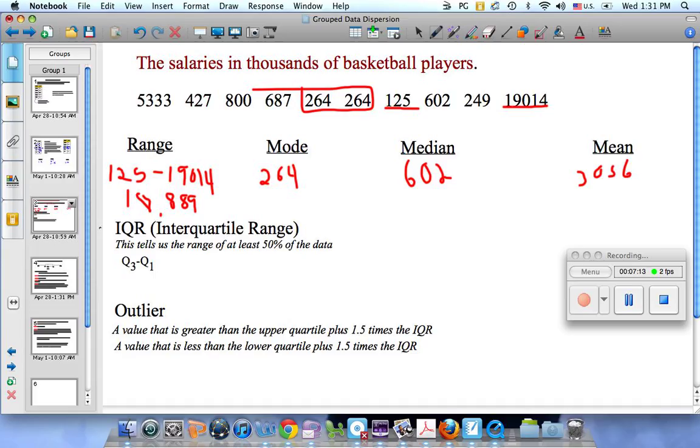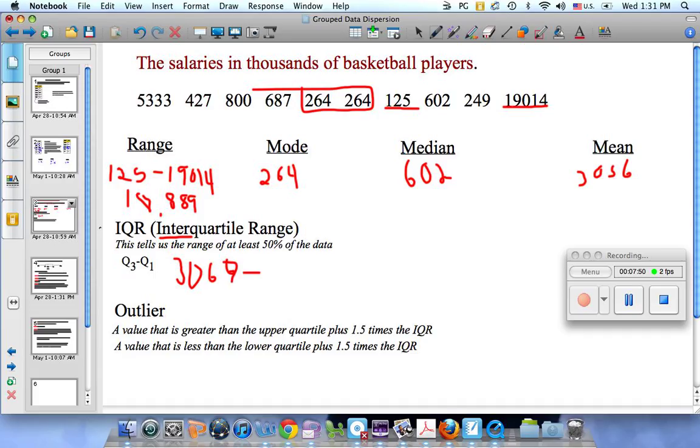All right, so now you're going to learn something new. It's called the interquartile range. And this tells us where the range of at least 50% of the data is. Inter means inside. So to find the interquartile range, we just take the third quartile and subtract from it the first quartile. So once again, going back to my stat mode, I'm going to scroll down and I'm going to find my 2 quartiles. So my third quartile is 3,066.5, so let's make that 3,067.